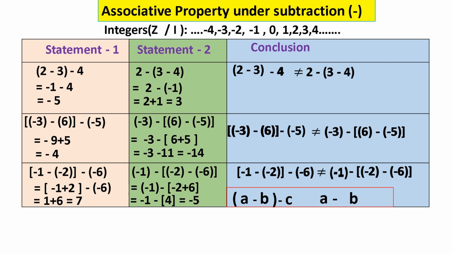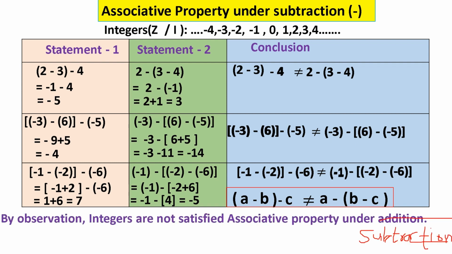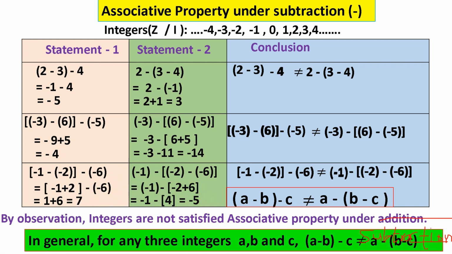In the second condition, for a minus b minus c, we do b and c subtracted, and now the result of b minus c is subtracted from a. We could not get the same results by statement 1 and statement 2. By observation, integers do not satisfy the associative property under subtraction.